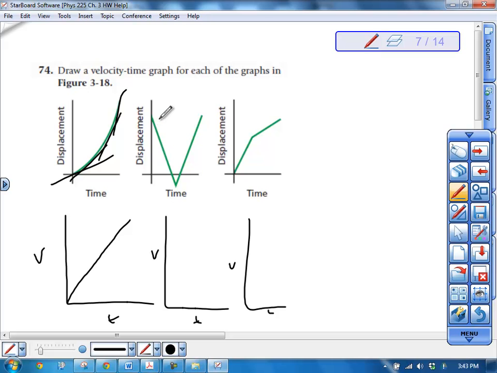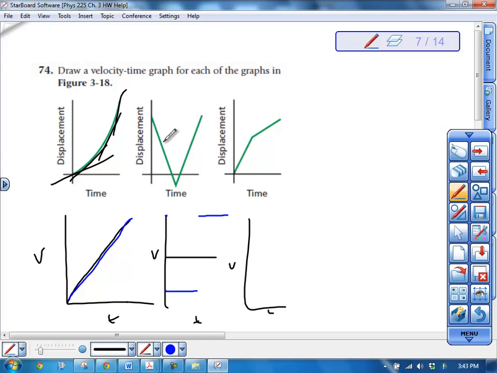Next one, we've got a constant velocity here, and that's negative. So actually I should put the axis down here, in a different color as well. The velocity starts off negative at a constant velocity, and then abruptly it changes to a positive constant velocity. So up here, jump and go like that.